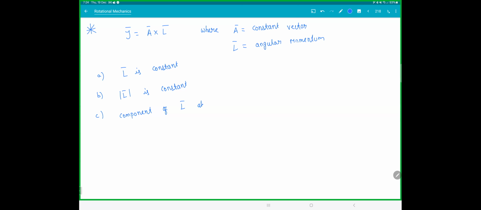Component of L bar along A bar is constant. Or L bar is variable. They'll ask a few options like this. Which of the options are right? It'll be a multiple-choice question.